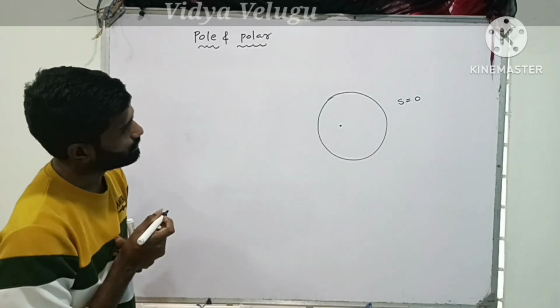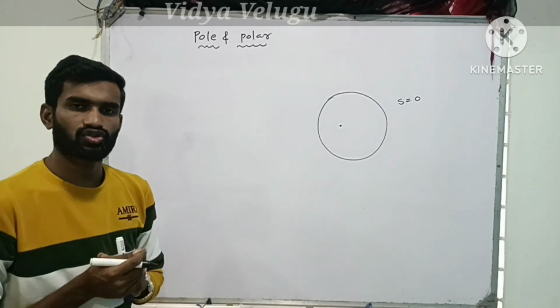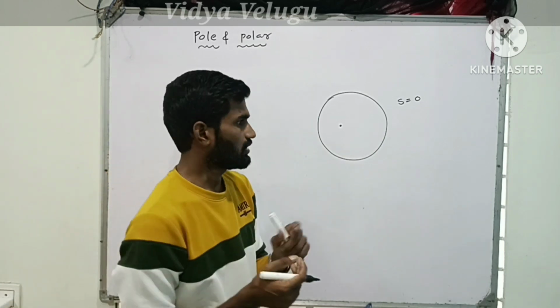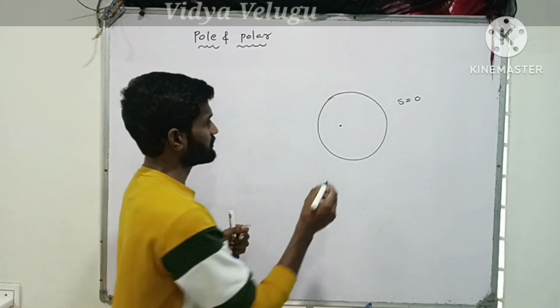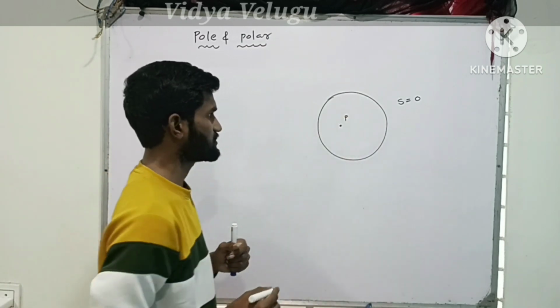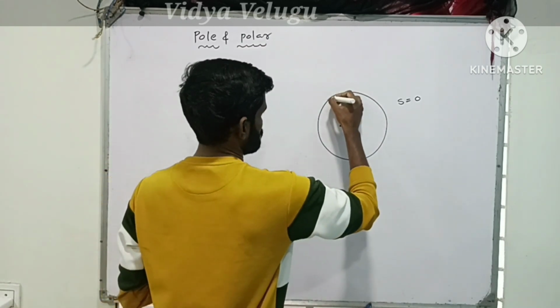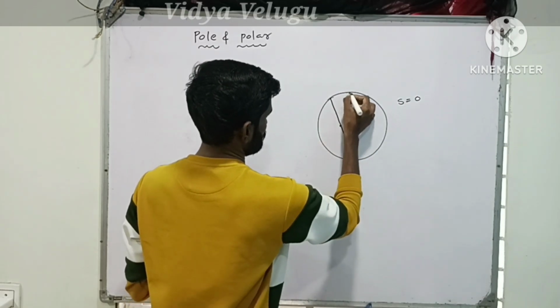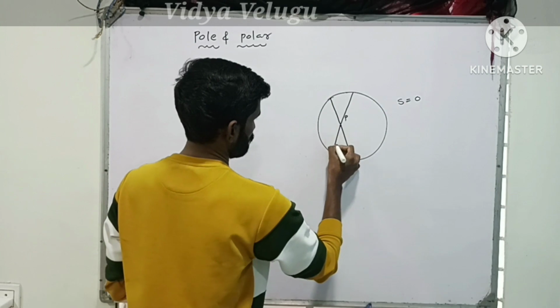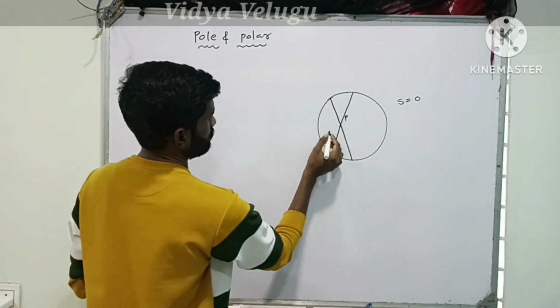Now, again the same concept. We have to take the chords which pass through this point. Let us take this point as P. Here I am going to consider the chords. So this is one chord and this is one more chord, and one more chord. If you want, you can take one more chord also.